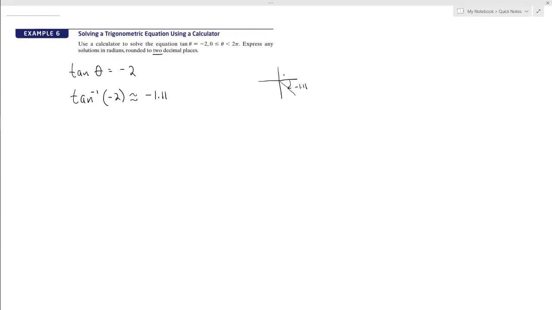And the other place that we'll get a negative is here. So if I take the opposite side of this, I've got the same coordinates but different signs. So the x is negative on this side and the y is negative on this side. So if I go up here by negative 1.11, I'm going to get that other result.